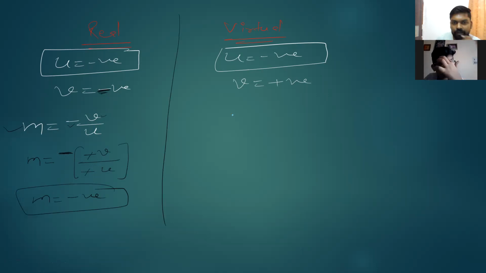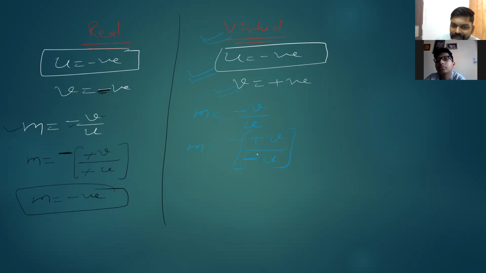Yes, sir. Okay, now in the virtual image case, m is equal to minus v upon u. This minus will remain the same. What about v? v is positive for virtual image. So plus v divided by u, which is negative for virtual image, so minus u.